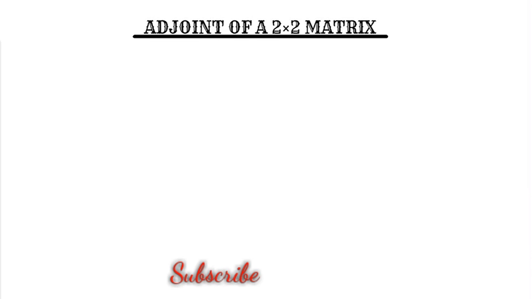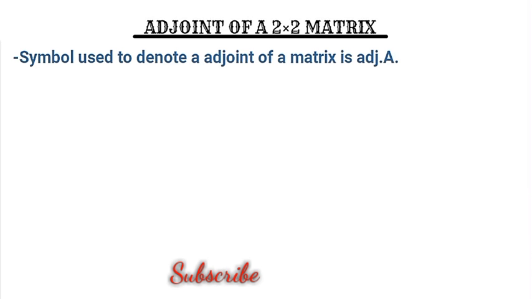So, as I said earlier on, we are going to look at the adjoint of a 2 by 2 matrix. Let me start with the symbol used to denote the adjoint of a matrix. The symbol is ADJ, followed by the name of the matrix in capital letters.